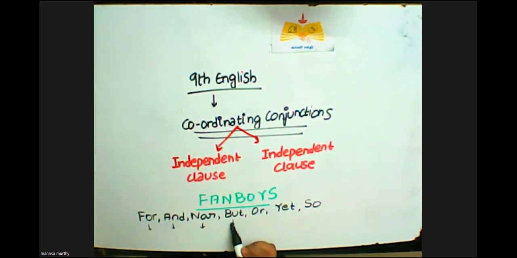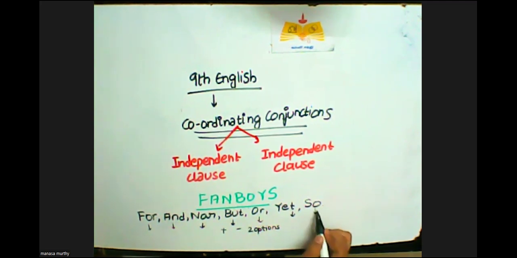But one thing happened, another couldn't happen. One is positive, another one is negative. Two options are given to us. At that point of time, we use or. Yet, one thing that had to happen, but it didn't happen yet. So, you're trying to come to a conclusion why an action happened.